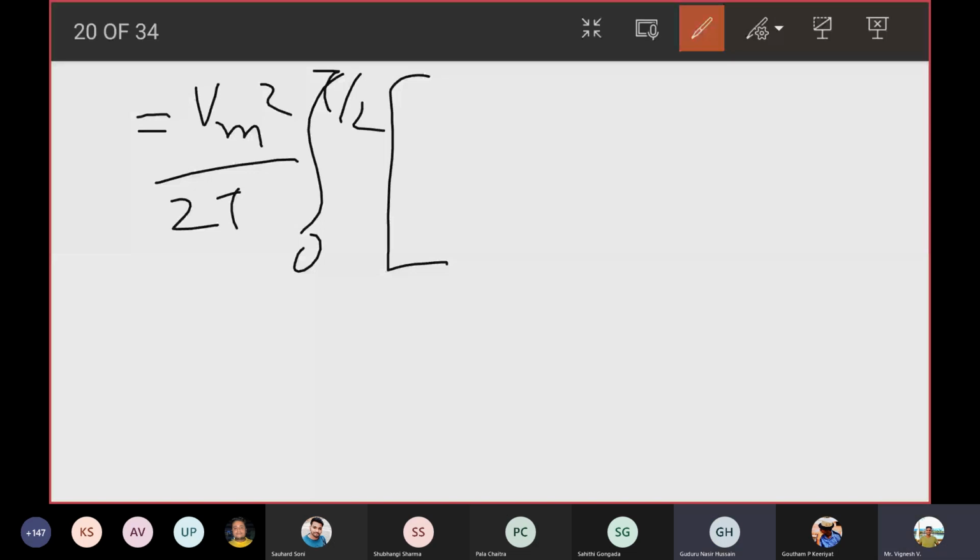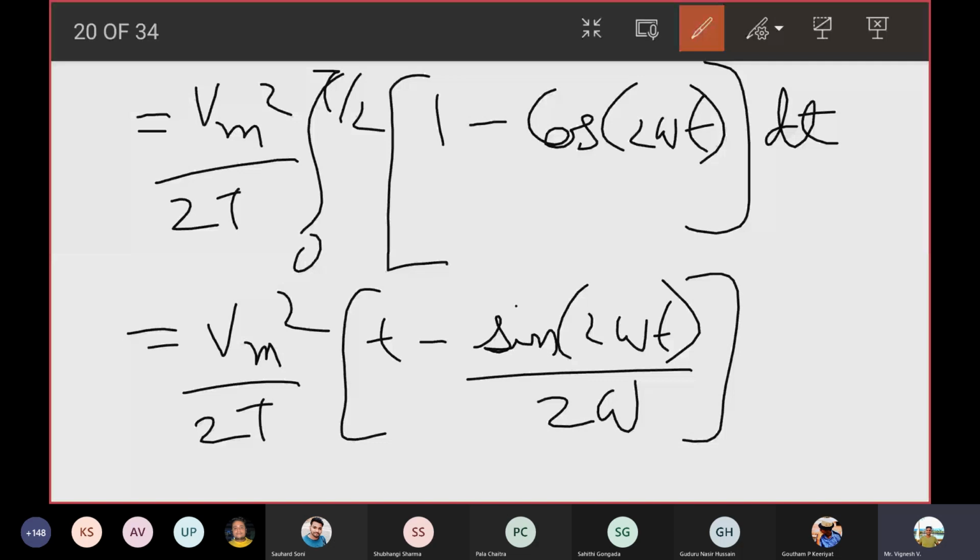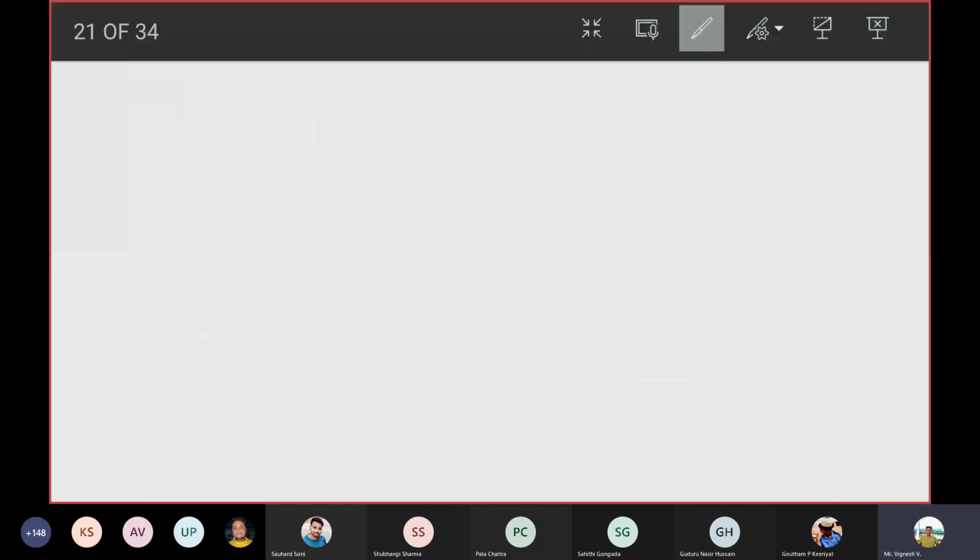Now I do the integration. t minus sine 2 omega t divided by 2 omega, from 0 to T by 2. I'll substitute the limits. What did you get after substituting the limits?